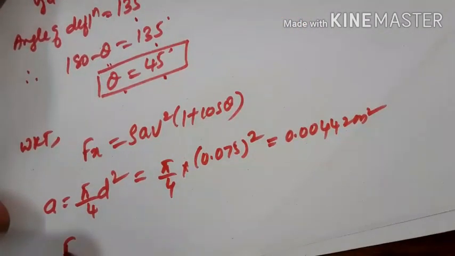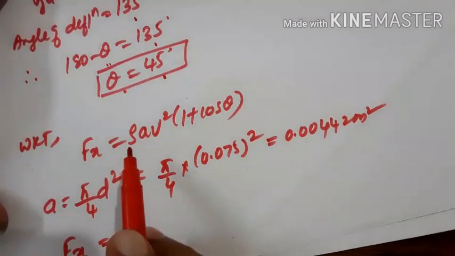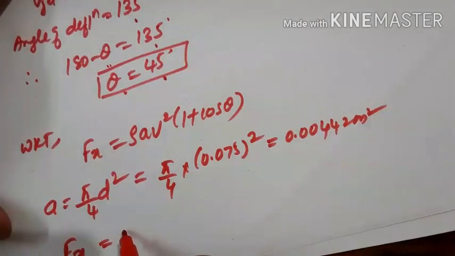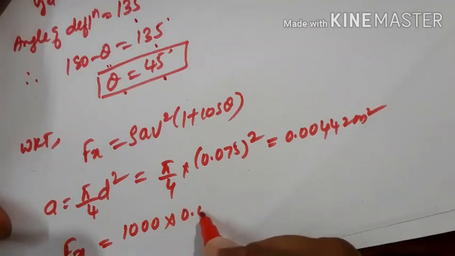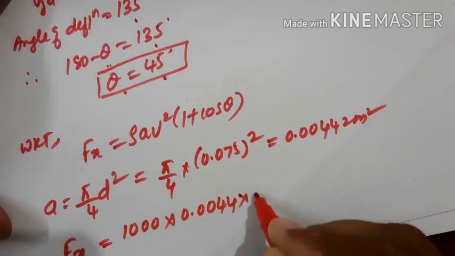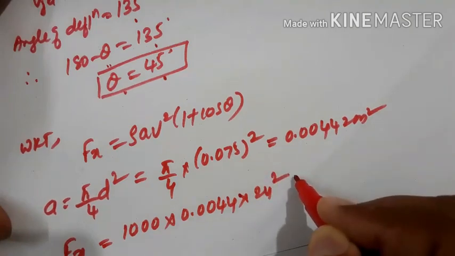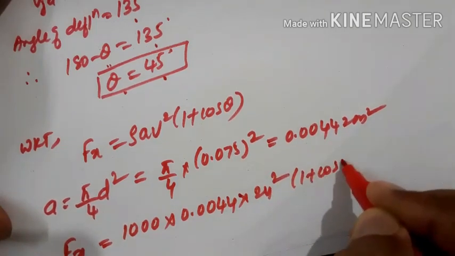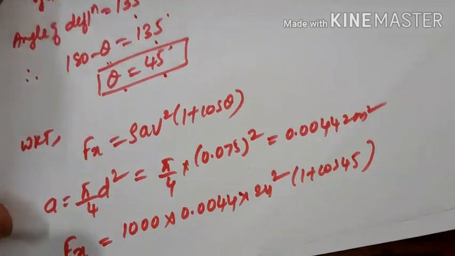Then substitute the values in the above equation. Rho is the density of water, 1000, into 0.0044, into velocity 24 square, then 1 plus cos of 45 degree.